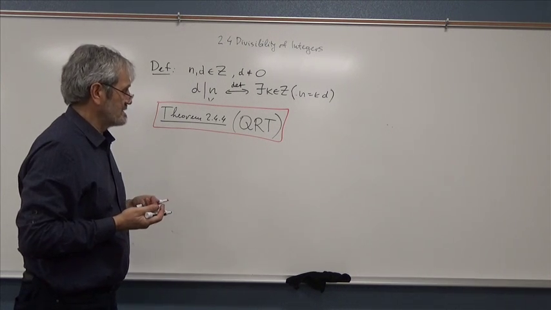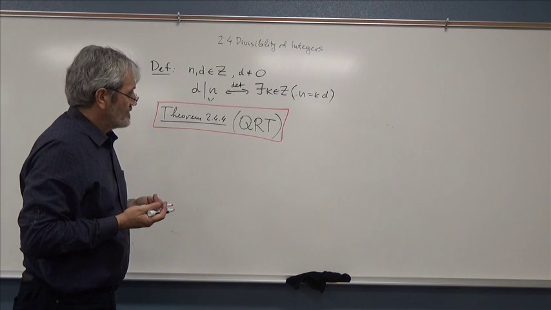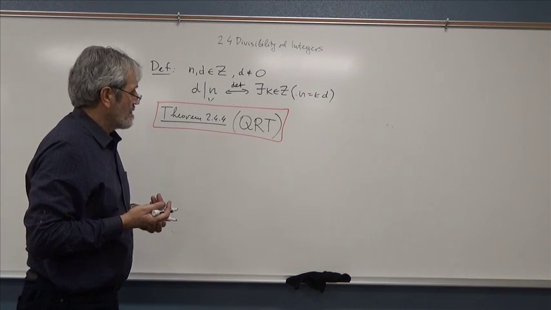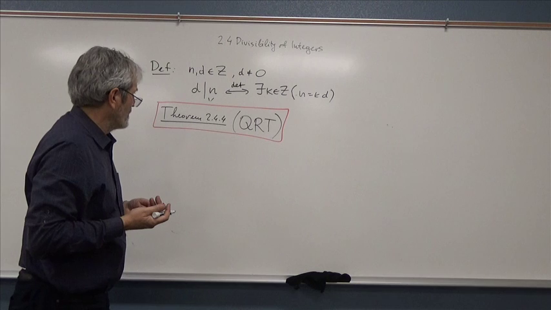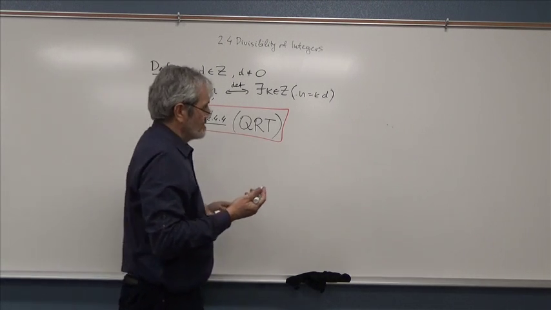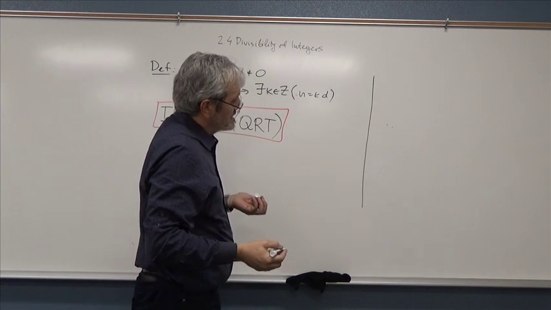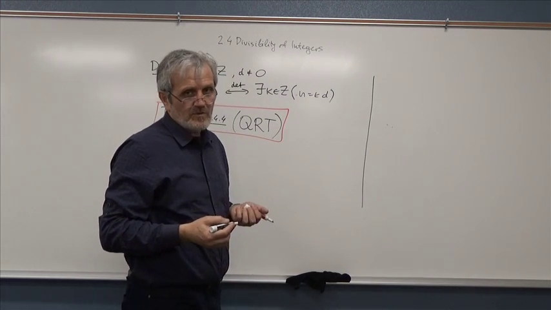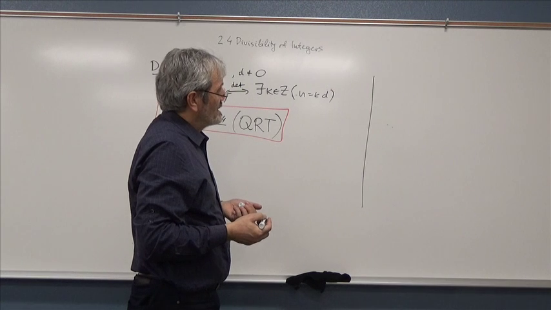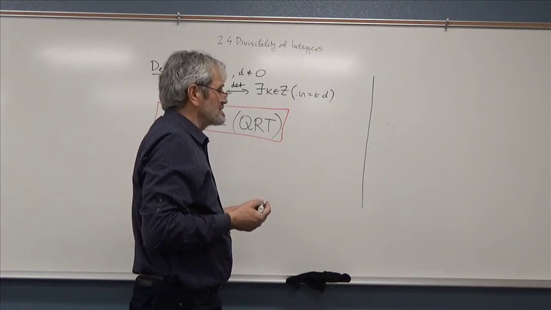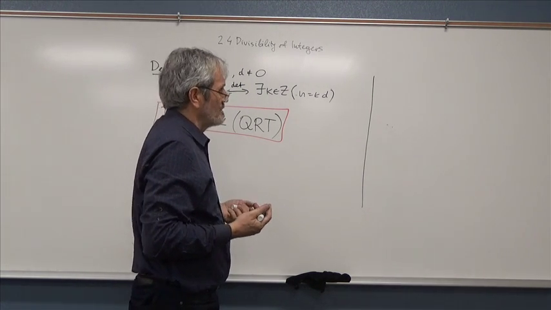So what is this theorem all about? Generally, before I even put the theorem on the board, let me play with a little example. And basically, what we do in an example is never proof. I told you that many times. But examples sometimes illustrate and give us an idea what to think about in a proof.